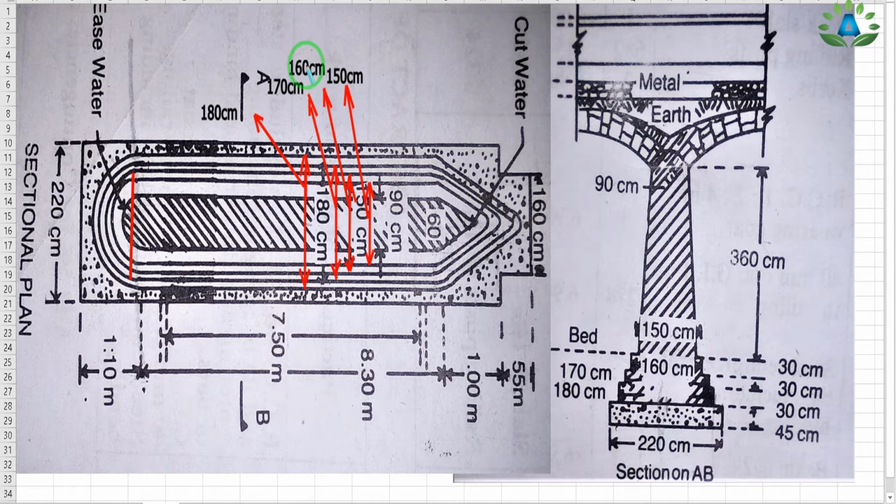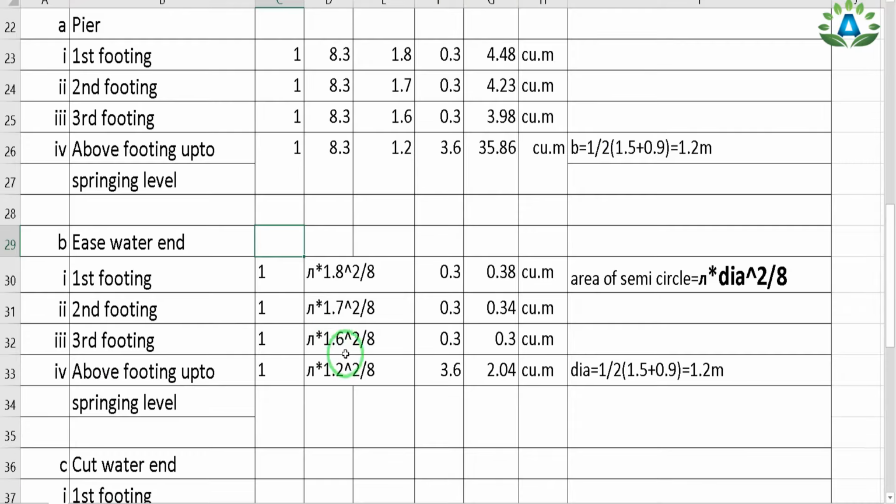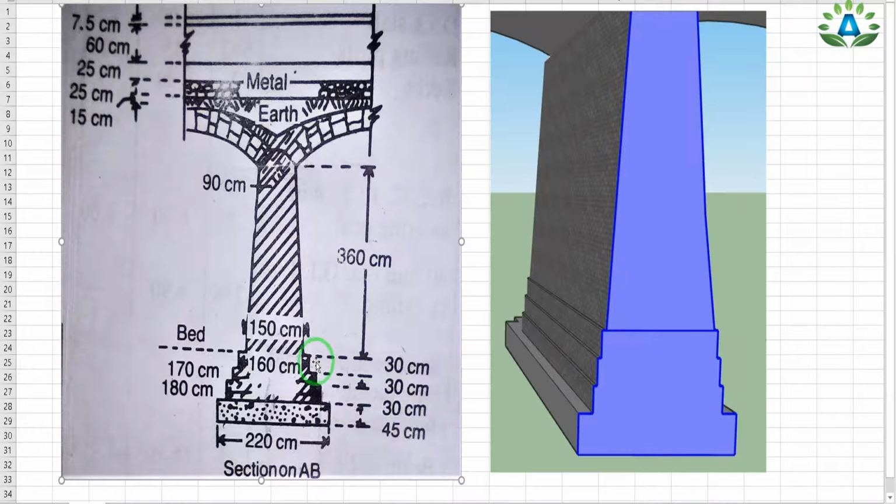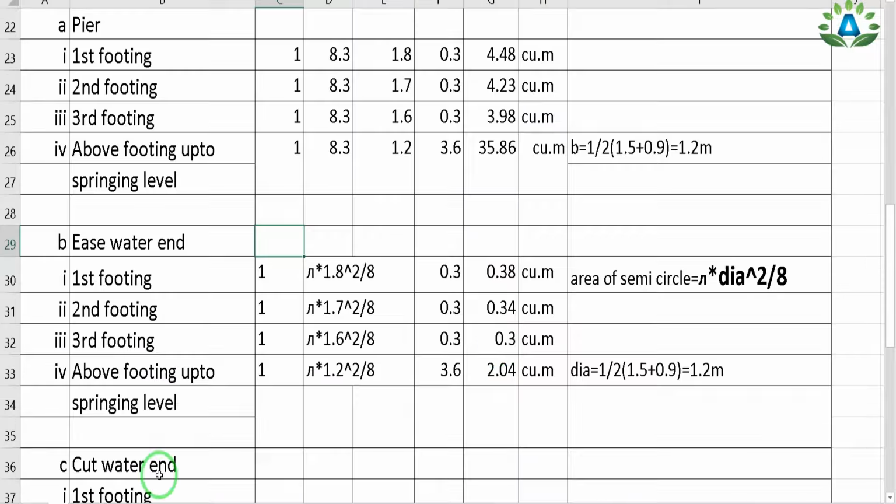So we can write diameter equals 1.6 meter. So pi into 1.6 square by 8, and we have to calculate its height. So this is our third footing having the height of 30 centimeter, that is 0.3 meter. So we get 0.3 cubic meter.